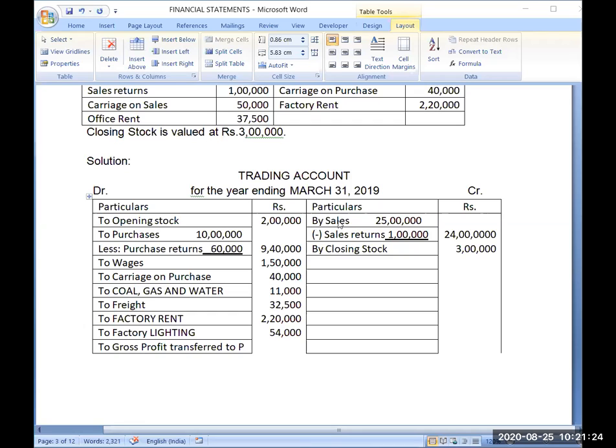If suppose you are writing here by closing stock, that looks awkward. That is not according to the presentation norms. But you will still be able to complete the question if you write by closing stock here and later write by sales, the sales return. That doesn't matter, but preferably you should follow at least the sequence till here as it is, till this column. Are you able to see the cursor?